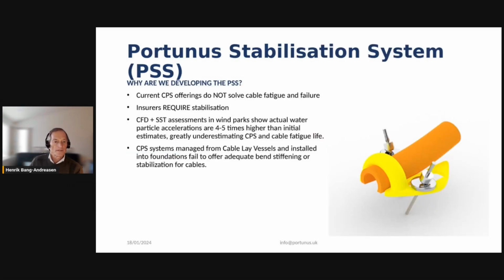Why are we developing the PSS? The current CPS offerings do not solve the cable fatigue and failure issues, and the insurers require the CPS stabilization.